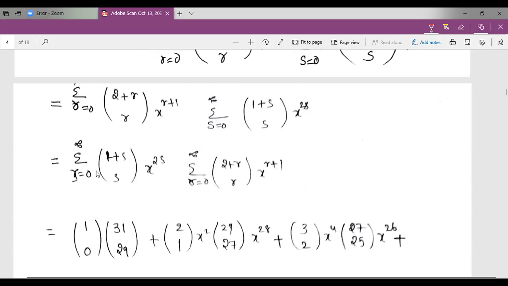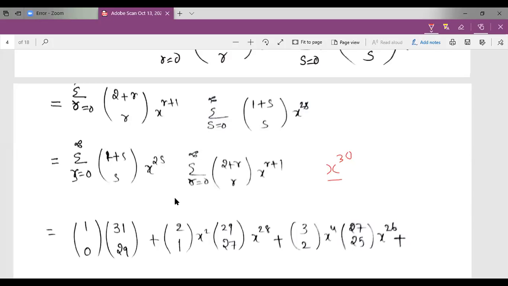Okay. So using this expansion we have to find the x^30 coefficient. Here the x power is 2s, and here the x power is r + 1. For given values of s and r, we get x^30 in this total product.